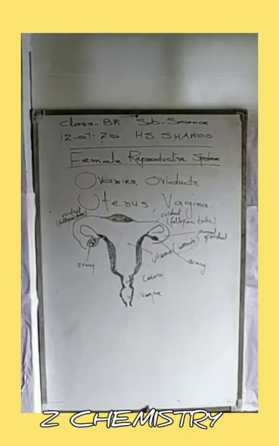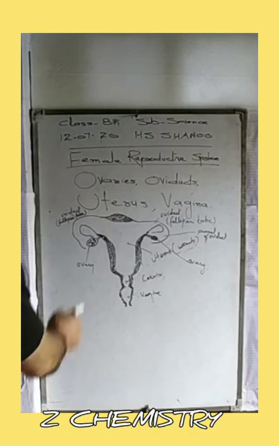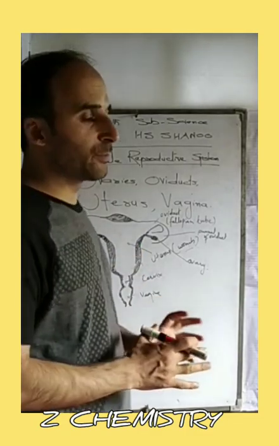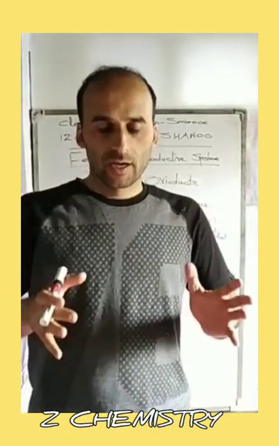First of all, we will start with the ovaries. As I am mentioning, these ovaries are a pair in number. They produce eggs, or ova, or ovum.